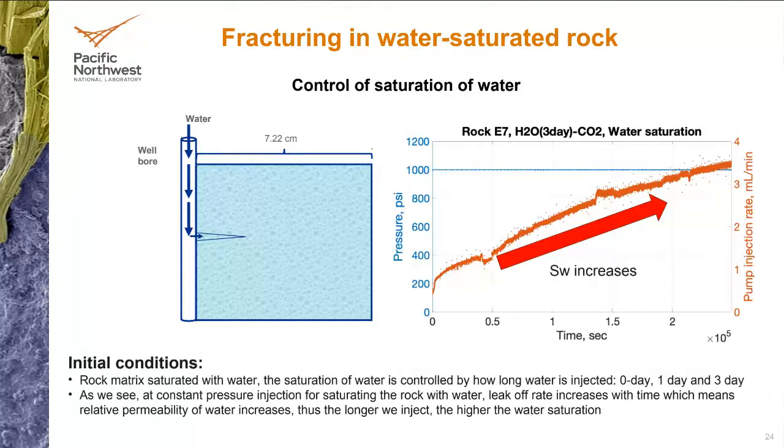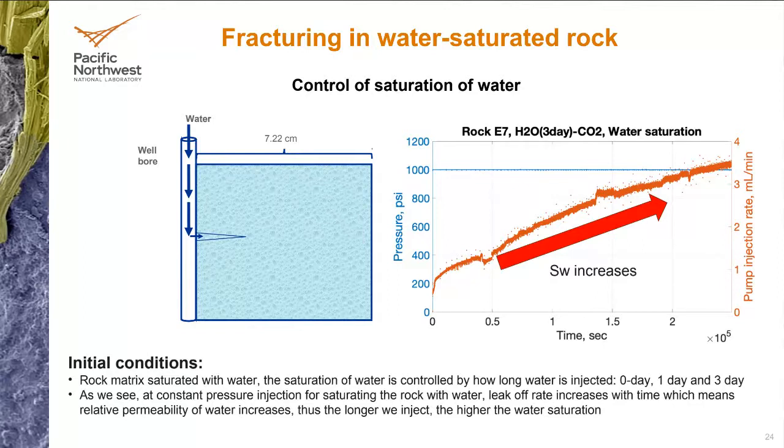But then when you inject water at 1,000 psi, we chose that pressure just randomly, and we keep that pressure for 1 day or 3 days, we can see that the flow rates continue increasing as the rock gets more and more saturated with water. So the leak off of water into the formation rock, in this case this granitic specimen, is higher than we anticipated, due to the porosity.